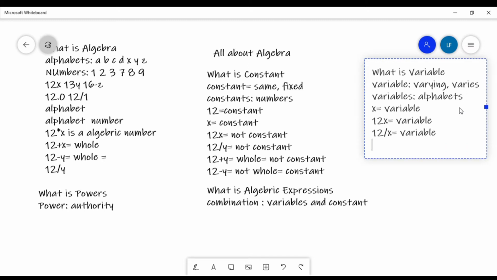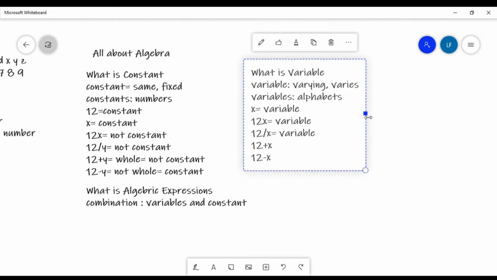But what we cannot say is a variable is 12 plus x or 12 minus x. The reason is the same reason why we cannot say that 12 plus y or 12 minus y is either a whole or not, either a constant or not a constant, because it depends upon the question.